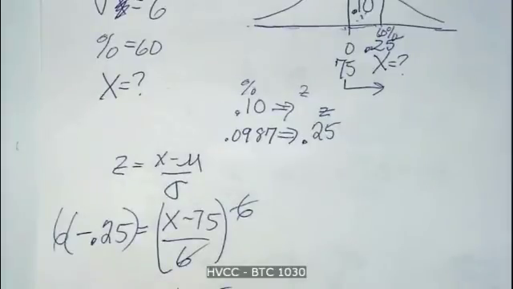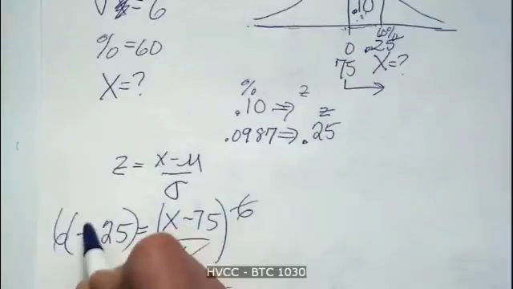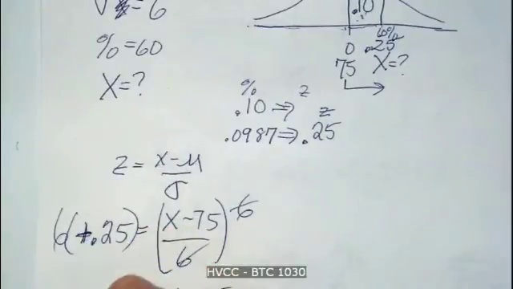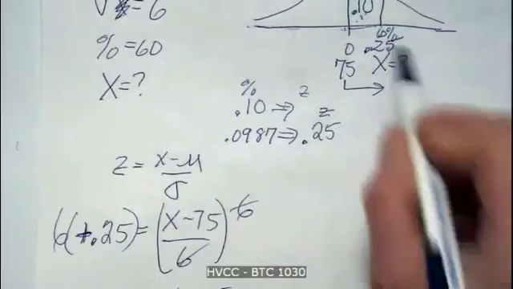Negative 1.50, right? Check me, I've known to make a mistake. If I solve for x, add 75, add 75. Up, this is positive. See, I do make mistakes. This is positive because it's on the right side.